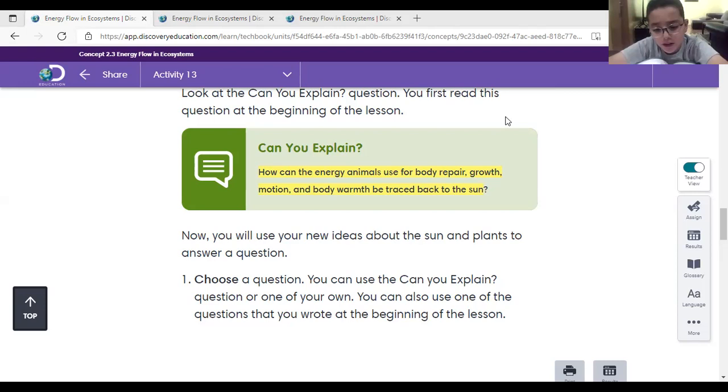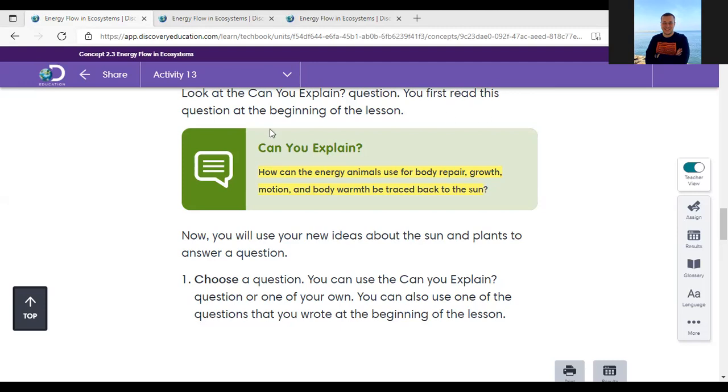How can the energy animals use for body repair, growth, motion, and body warmth be traced back to the sun? Okay, thank you, Jawad.